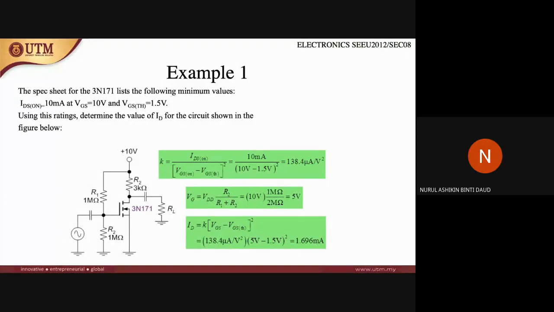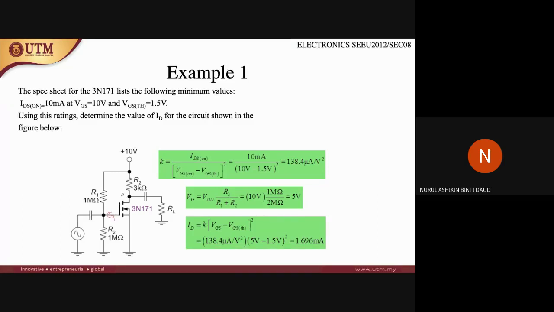Doctor, from this diagram, how to know which is the source and which is the drain? Usually the gate is here. The gate is always here.